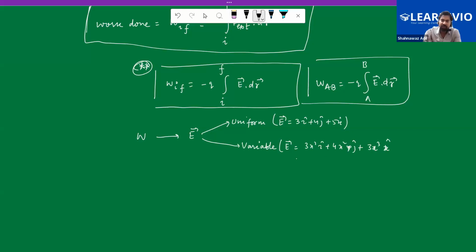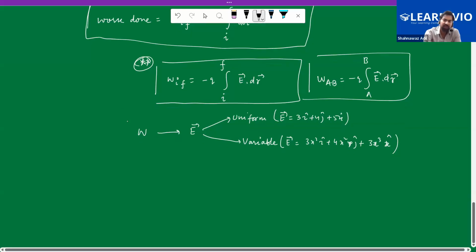So this would be the variable electric field, and depending upon these two scenarios, you will have the work done.